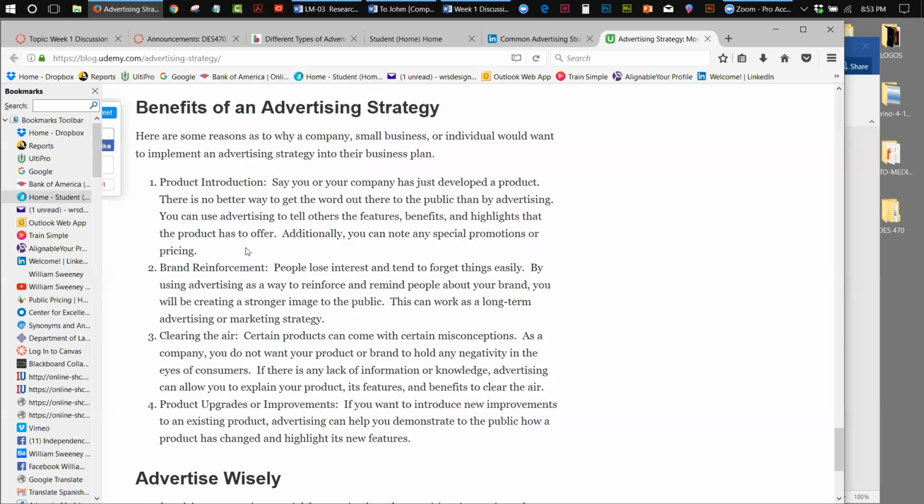Brand reinforcement. So here we're talking about introducing a product, which is probably your biggest and hairiest fear, because this is product introduction. This is where the product is either going to make it or it's going to fail. And I mean severely make it or severely fail.